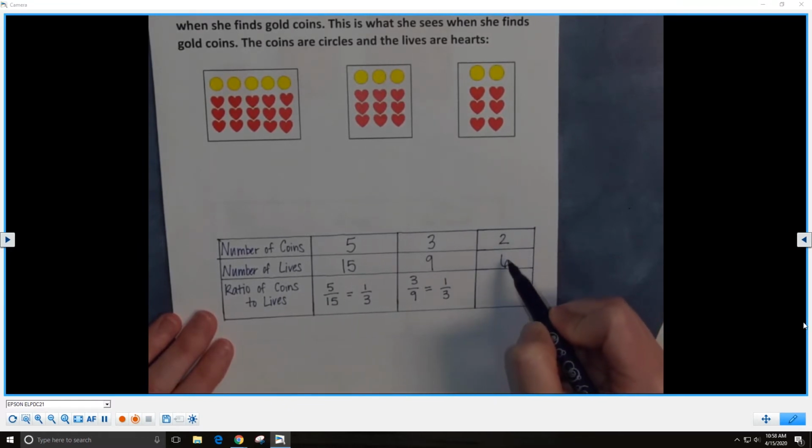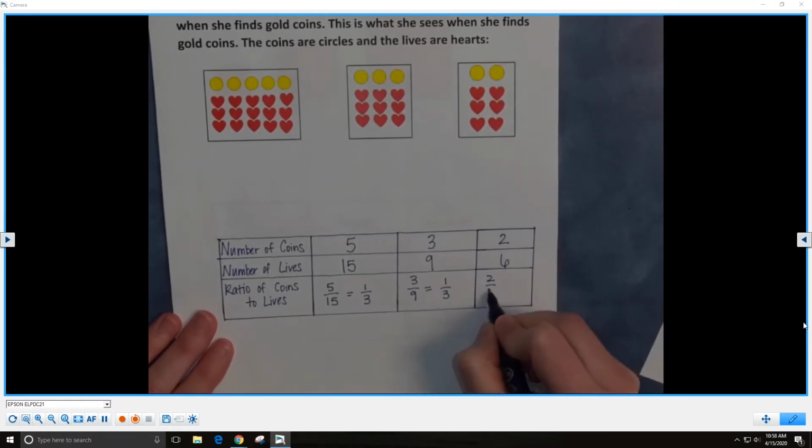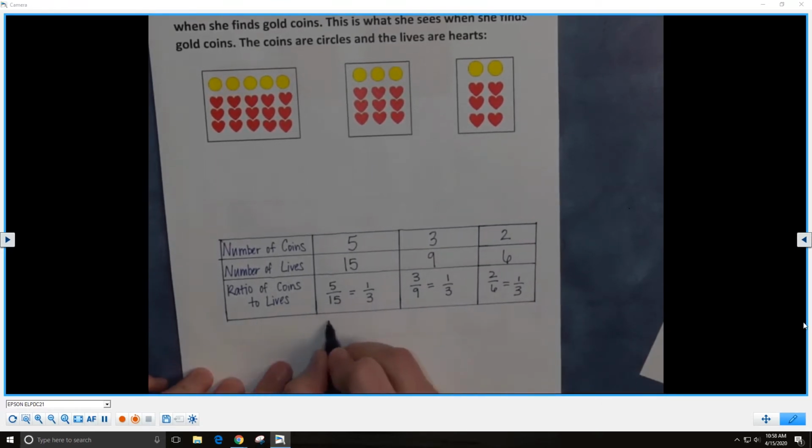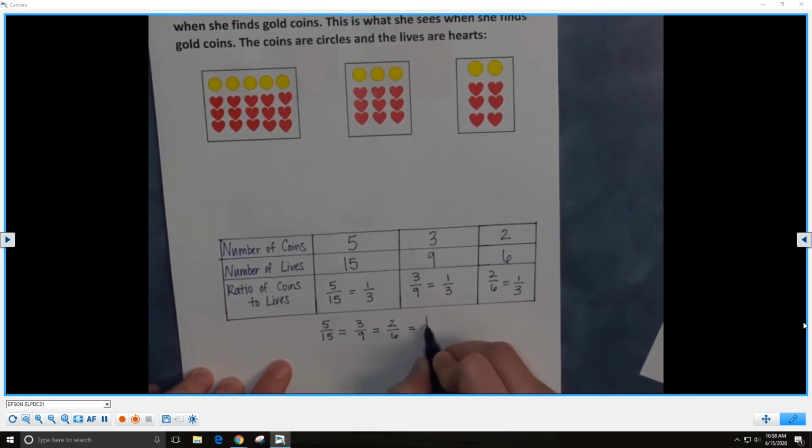And this will be 2 to 6, which can also be rewritten as 1/3. What do you notice? All three ratios have the same unit rate. Notice that 5/15 is equal to 3/9, which is equal to 2/6, because they're all equal to 1/3.